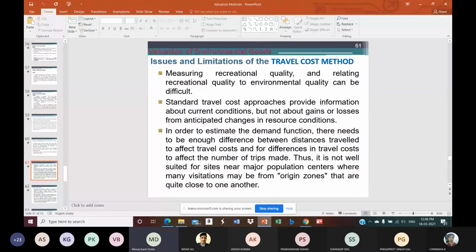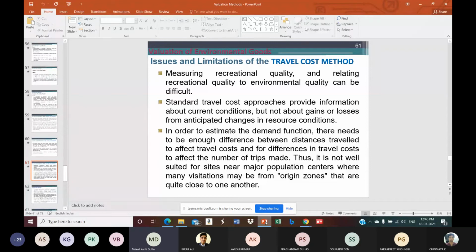Measuring recreational quality and relating recreational quality to environmental quality can be difficult. If the quality of the recreational site is good enough, or high, then probably the number of visits of the people may be considered to be relatively high. Now, recreational quality may not be associated with the environmental quality as well, right?